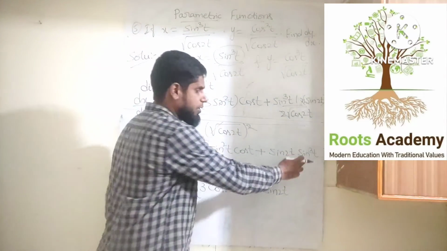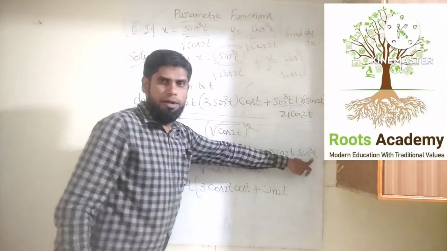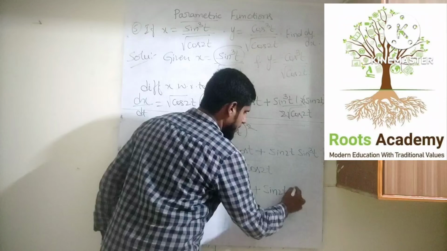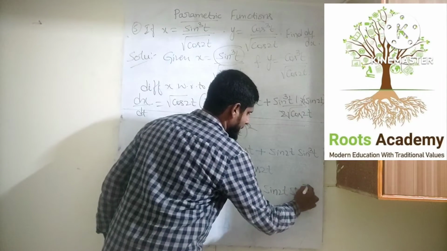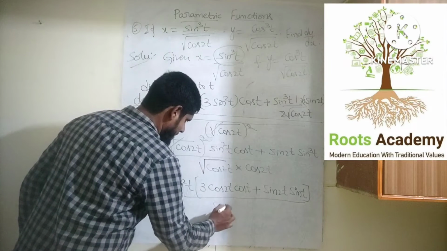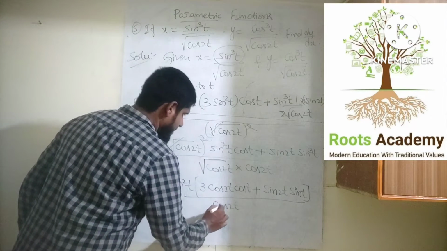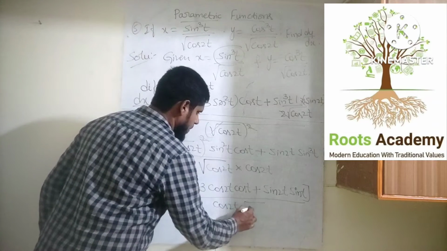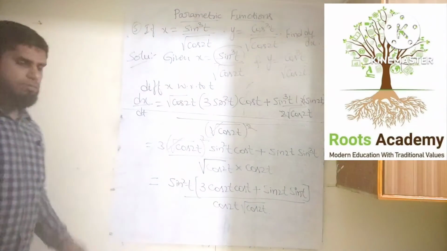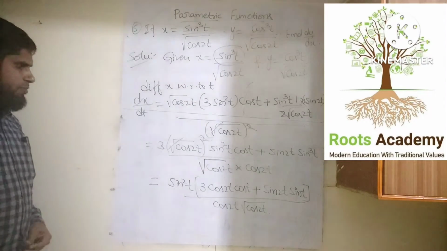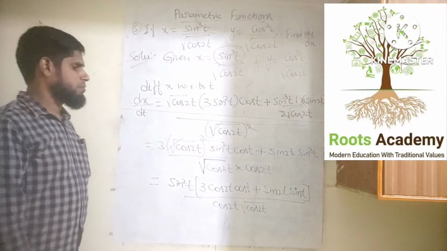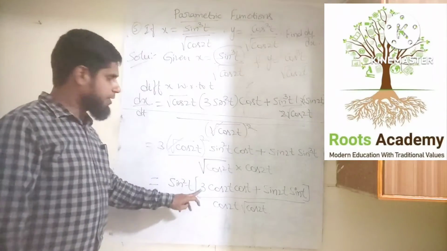There is a sine cube t. In this, sine square I already removed. These are taken common, so left out is only sine t, divided by cos 2t into root cos 2t. So this is the final dx by dt.